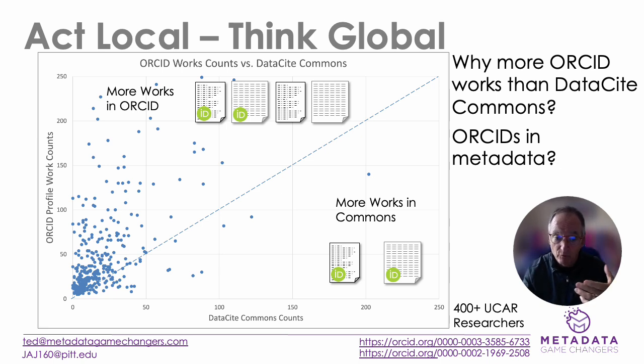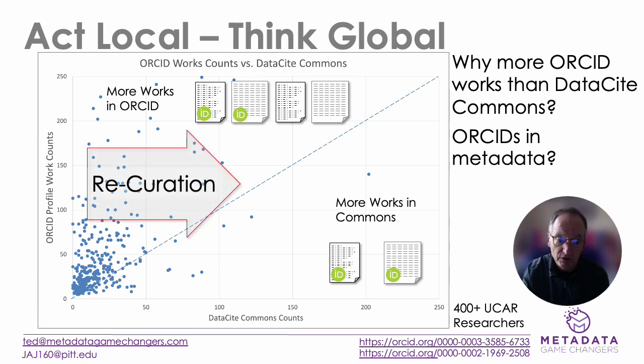And the clear solution to this problem, or an approach to solving this problem, is to do what we call recuration of this metadata. Recuration is the process of adding information to metadata records in repositories after they've been submitted.